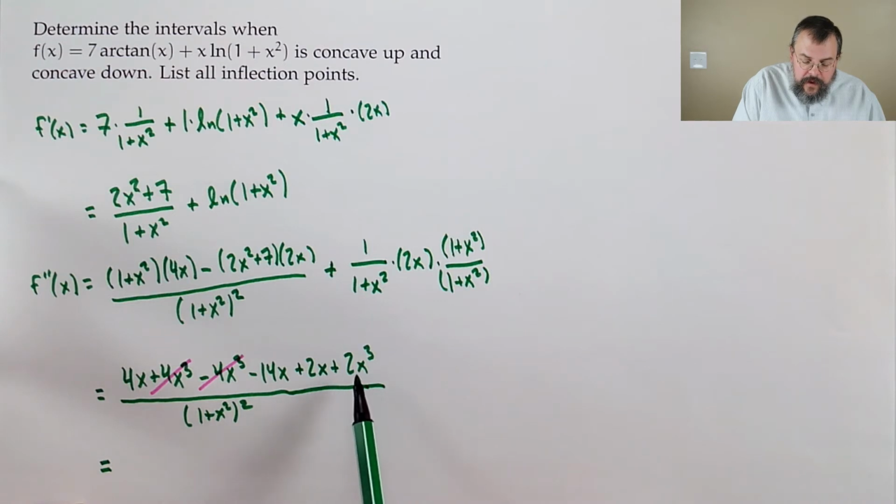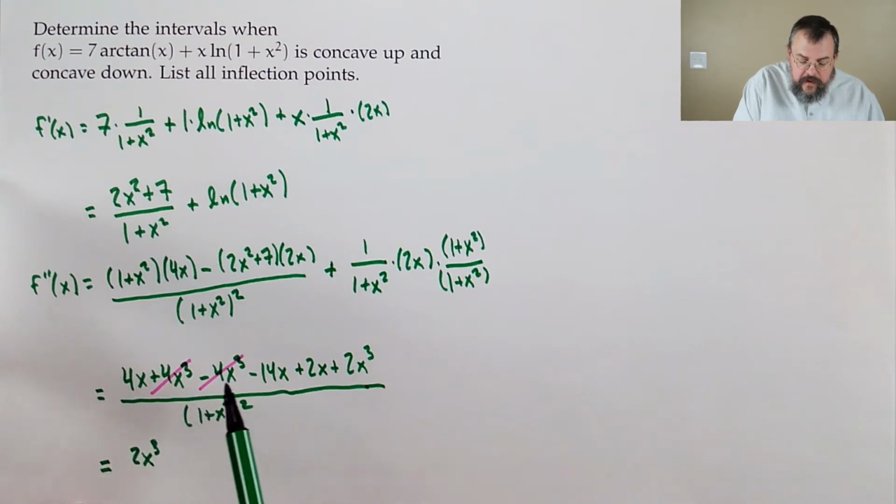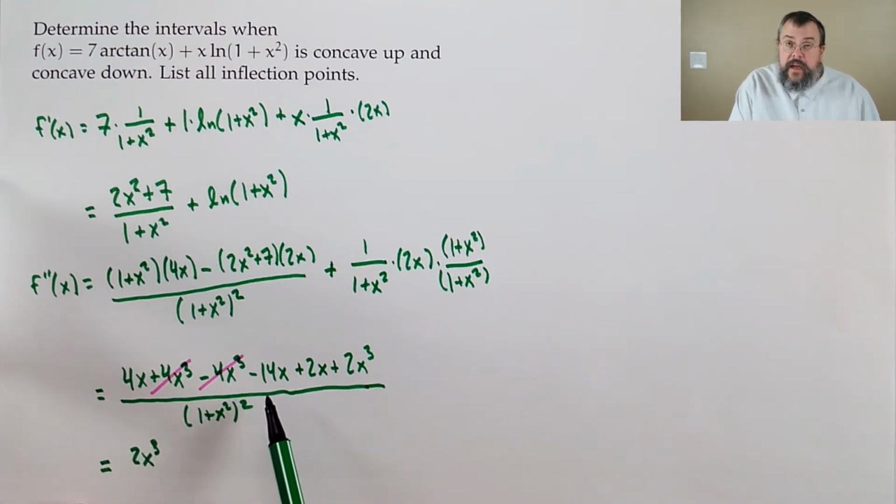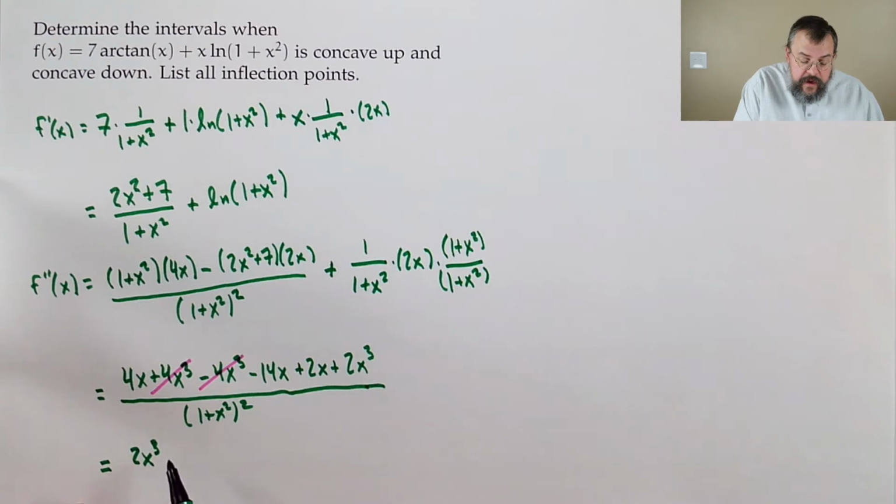So, well, upstairs, there's a single term with an x cubed left, and we have 4x minus 14x, that would be negative 12x, plus 2x, so that's minus 8x. Divide that by (1 plus x squared) squared. We're getting pretty reasonable here.